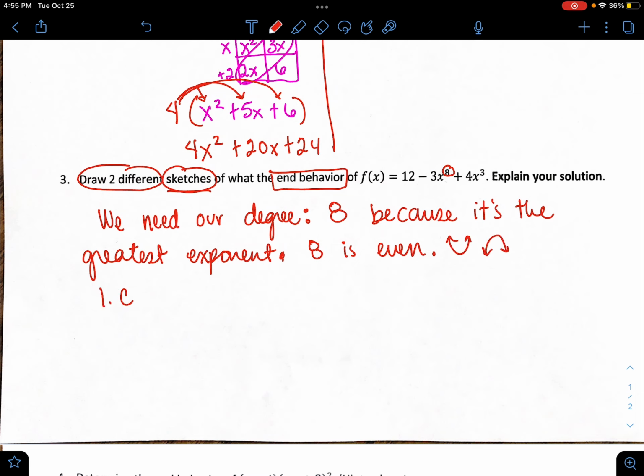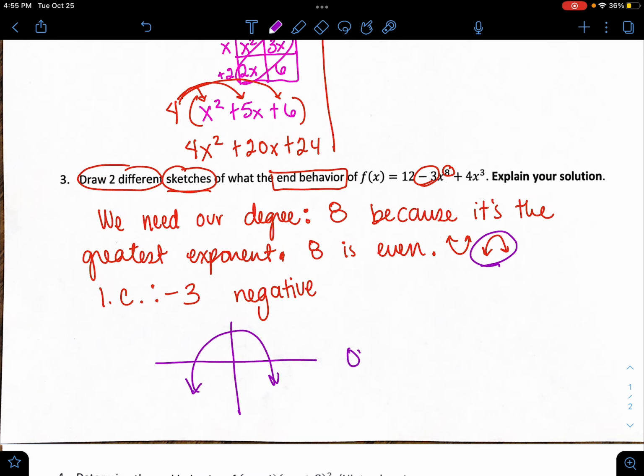My leading coefficient, LC, is -3. And it's negative. That means I am going to choose this. So my sketch will look like this or this. Okay, as long as both arrows are pointing down, that's what the end behavior would look like in a drawing.